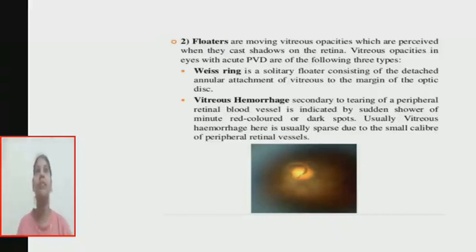Second is a vitreous hemorrhage. Vitreous hemorrhage is secondary to tearing of a peripheral retinal blood vessel, indicated by a sudden shower of minute red or dark spots. Usually the vitreous hemorrhage here is slight due to the small caliber of peripheral retinal vessels.